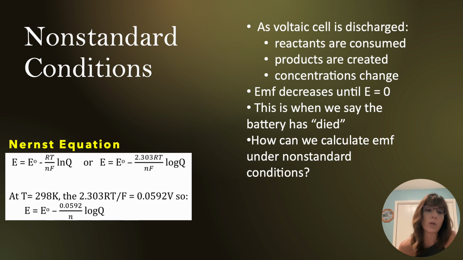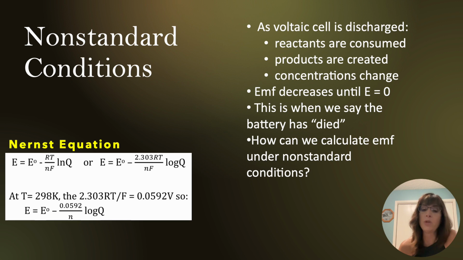And in our lab, we're going to use the Nernst equation several times, and usually it's because we don't have standard concentrations. So take a look at the Nernst equation. There's a couple of different versions of it, and it really just depends on what you have. But what I want you to focus on right now is the Q. You have to calculate Q, so you have to have the balanced equation.